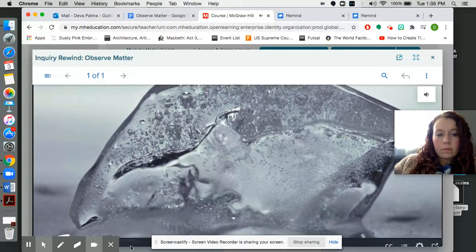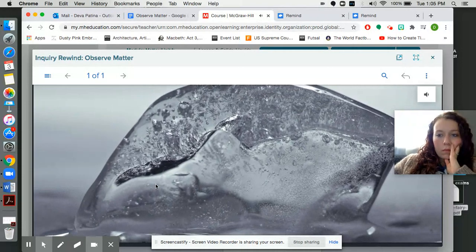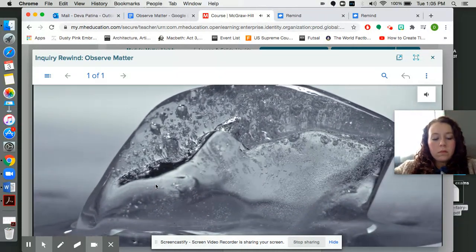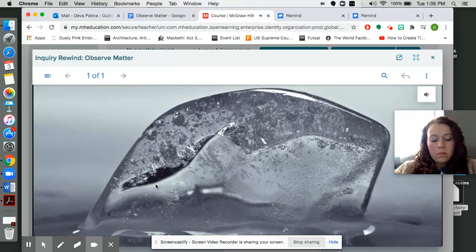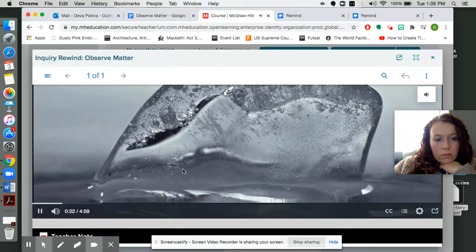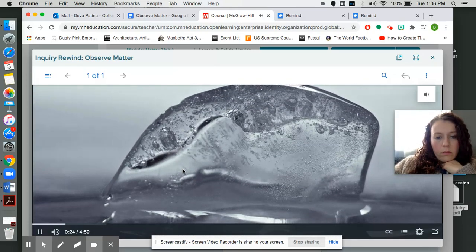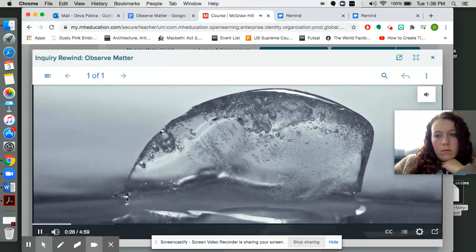In this lesson, you'll use models to figure out how the arrangement of particles in different states of matter affect their properties. Let's look back at the video you saw earlier in the lesson. How do the properties of solid water change as it melts into liquid water? In this activity, you'll investigate differences in types of matter and how well they can change shape.